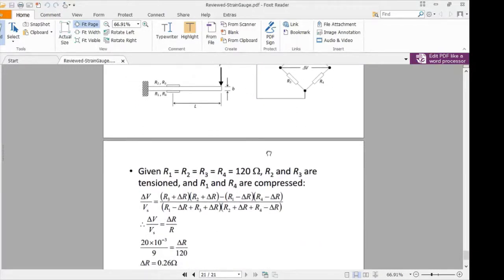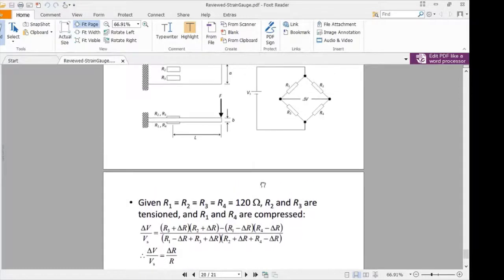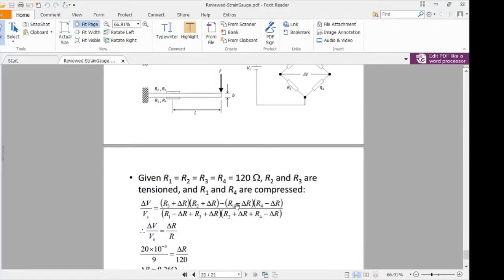So in this case, we substitute the resistances and also the tensions and compressions into the Wheatstone bridge equations.